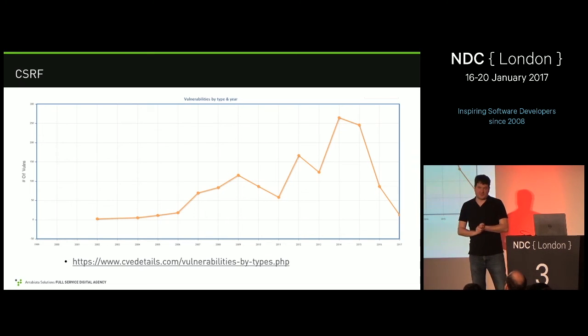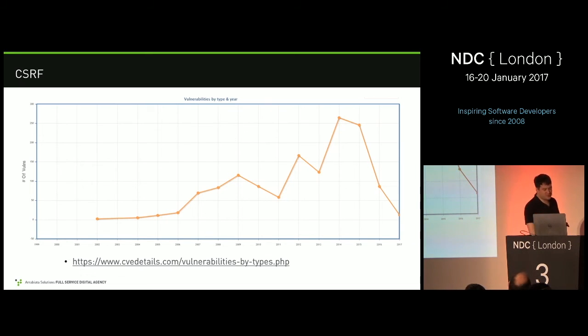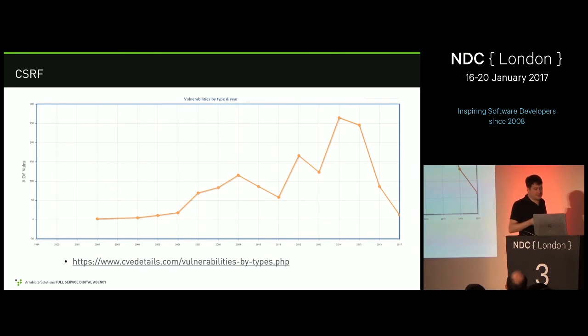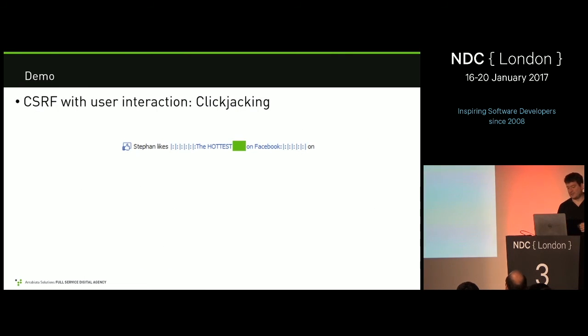Also, for cross-site request forgery, many frameworks now come with cross-site request forgery protection. Sometimes you have to enable it, but still, more and more systems do have that. Now, I don't want to talk about cross-site request forgery in particular, because there is no HTTP header that can protect us from that. But I'd like to talk about another version of that.